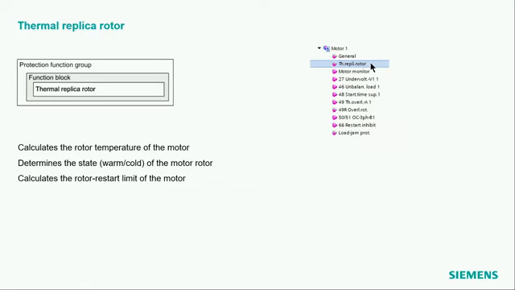So when the temperature is above this threshold, a restart is not allowed. If the temperature of the rotor falls below that threshold, then a start is allowed again. This is calculated here in that thermal model. And it also calculates the motor restart time. That means if I'm above this temperature, how long does it take until I come back to the temperature level where the restart is allowed again?